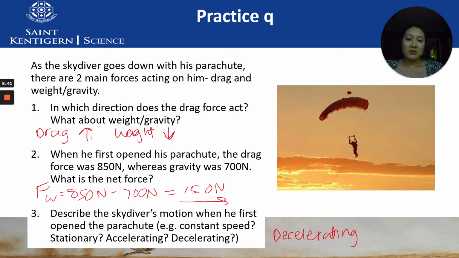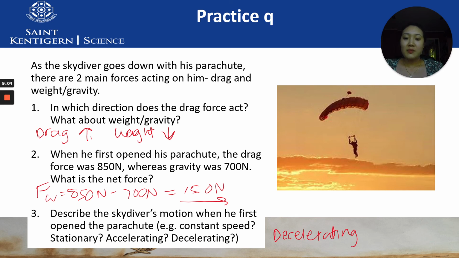In this example, gravity, which is always the case, will act downwards, and drag will be acting upwards. The type of drag will be air resistance in this case.